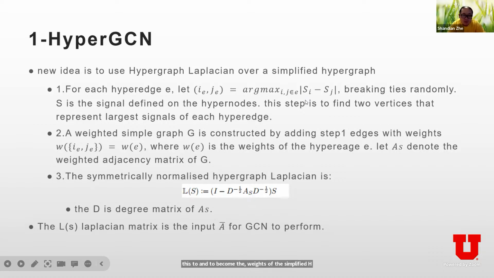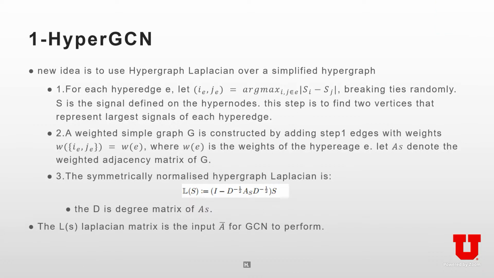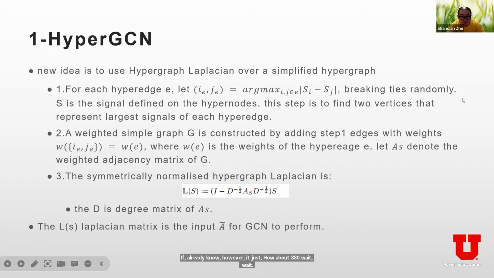So the weights are also defined freely, I mean, you can choose whatever weights. It's the original hyperedge weights. But a hyperedge does not necessarily have weights, right? Yeah, it's defined by themselves. Okay.